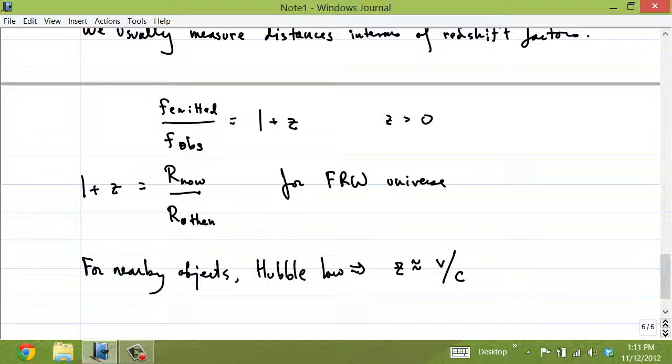Remember, the non-relativistic Doppler formula says that f emitted over f observed is 1 plus v over c. So for nearby objects where we can trust the Hubble law, where the Hubble parameter really is approximately constant, z is really essentially v over c. But of course, for more distant objects, you need to correct this by taking into account the fact that H and R are changing in time in some complicated way.